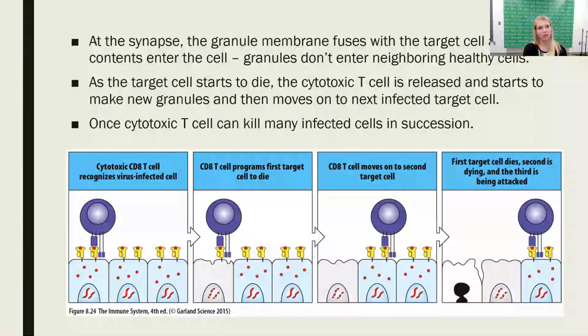And then the T cell will move on to the next one and check and kill, and then move on to the next one and check and kill. And so one single CD8 positive T cell can actually kill a lot of infected target cells, just one after the other after the other.